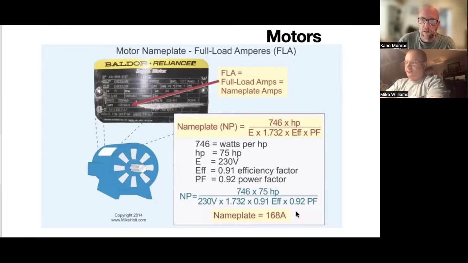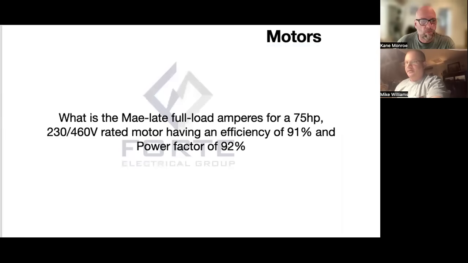And times 0.91, then times 0.92. I've got my hand covering up the answer. I don't want to see the answer. Okay. And that's 333.5.